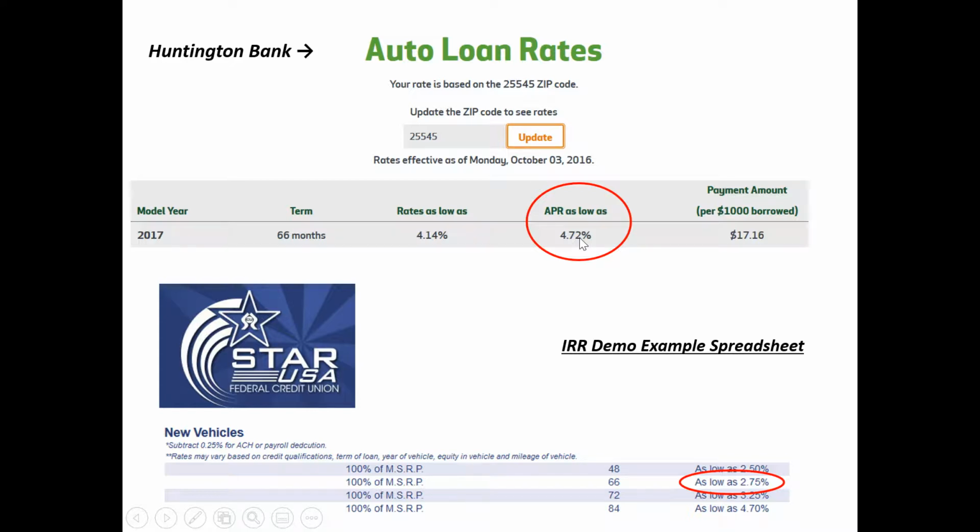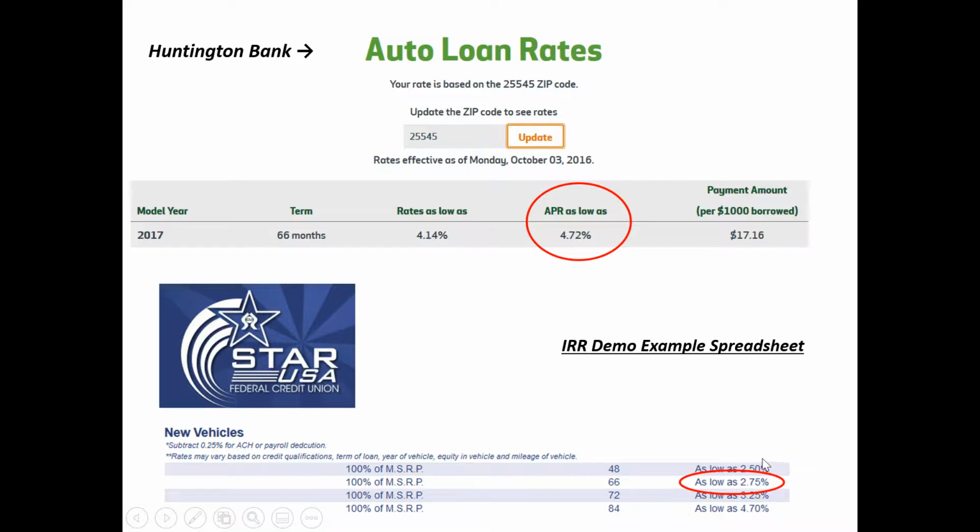And it may be higher or lower than that today, depending on the market and how much the Federal Reserve is charging banks to borrow money from them and so on. But it varies, is the point. At the same day, Star USA Federal Credit Union was only charging 2.75%.